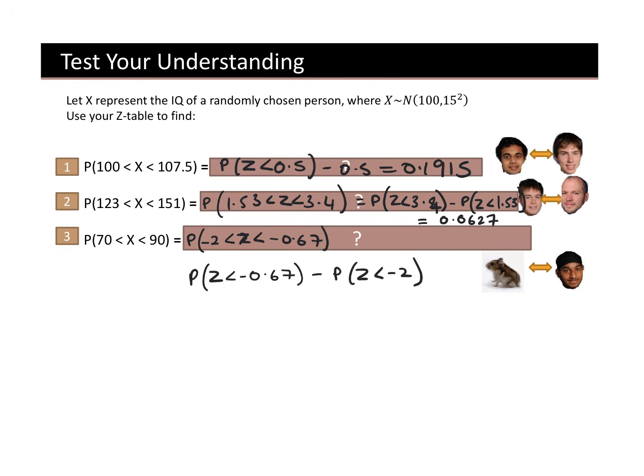Now, for each one of these, because it's a negative and we want less than, we are actually doing 1 minus. So for this one we're going to have 1 minus 0.7486 minus 1 minus 0.9772, which is going to give us 0.2286.